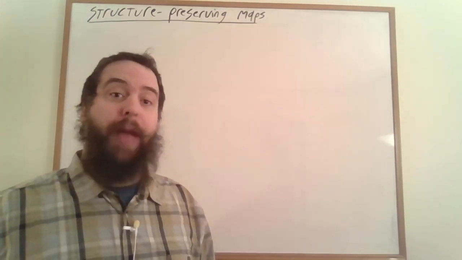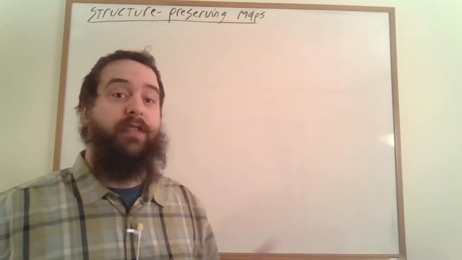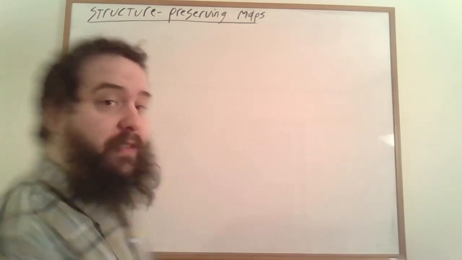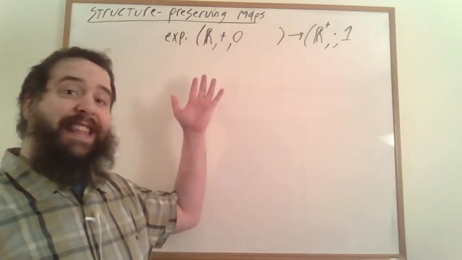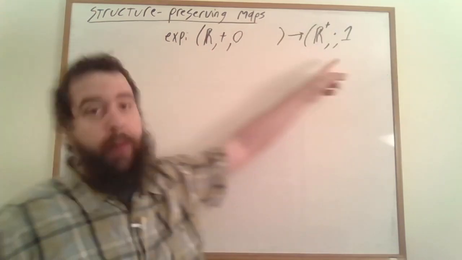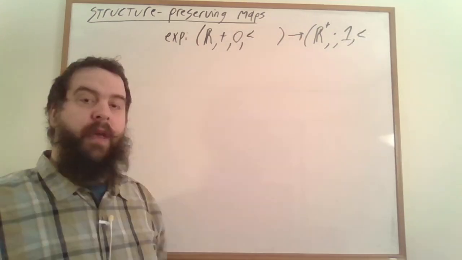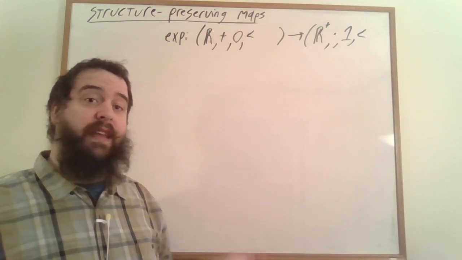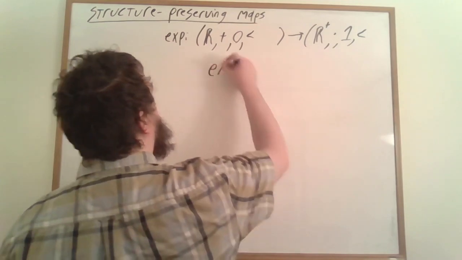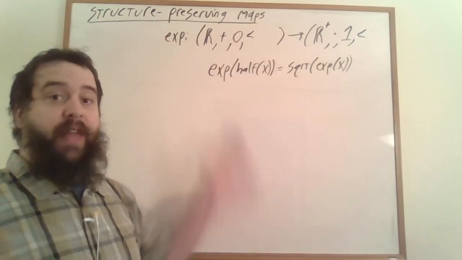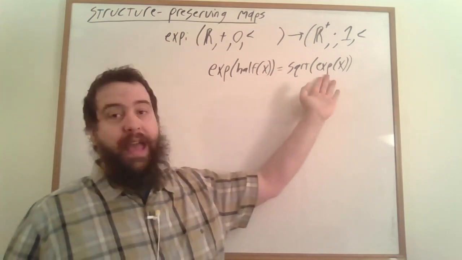Let's take a look back at our monoid homomorphisms to see what other operations and relations they wind up preserving. For instance, our e to the x function from the reals to the positive reals winds up also preserving order, because e to the x is a strictly increasing function. This function also satisfies the property that exp of half of x is equal to the square root of exp of x.